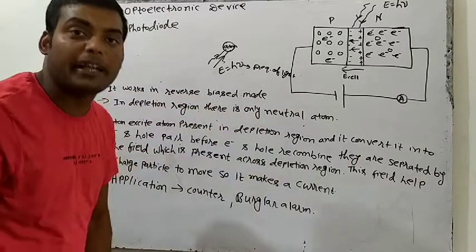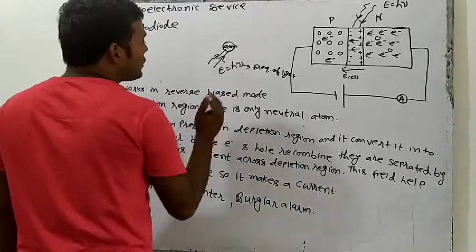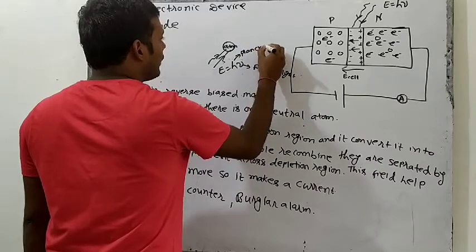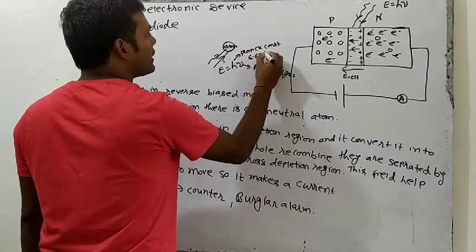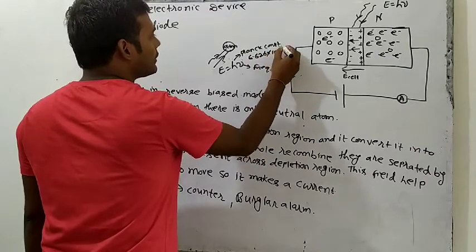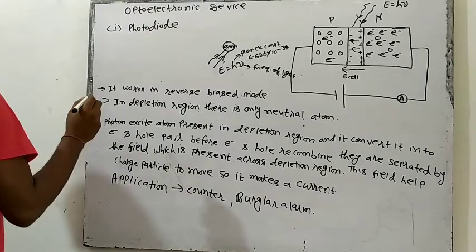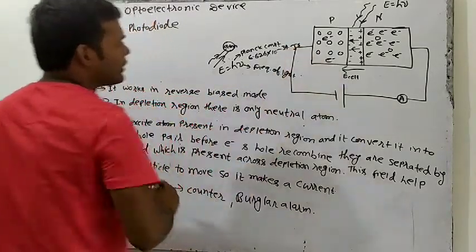Blue color will have different frequency, red color will have different frequency. The value of Planck constant is 6.626 into 10 to the power minus 34 joule second.